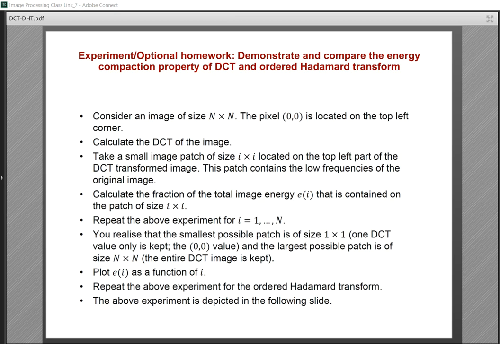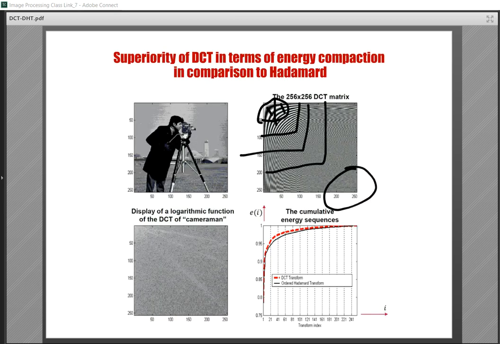In this tutorial we said that, for example, here is the original image, and this is the DCT, the DCT of that image, and we have a parameter EI.